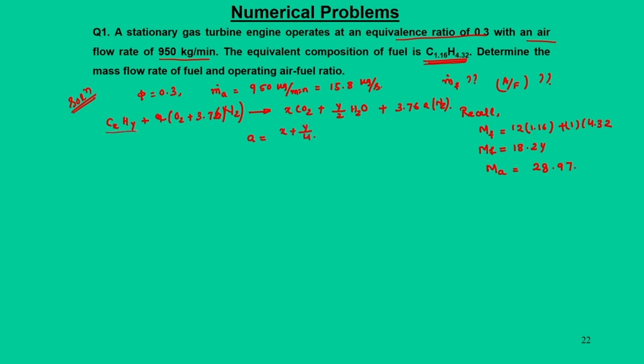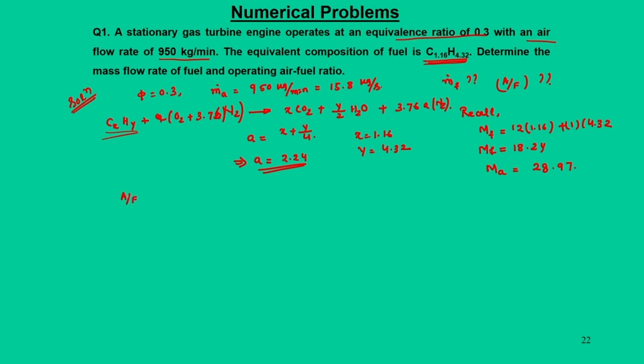Now, if you apply this here, x is equal to 1.16 and y is equal to 4.32. So this will tell you the value of A. A will be 2.24. Now we are in a position to calculate the air fuel ratio for the stoichiometric case.